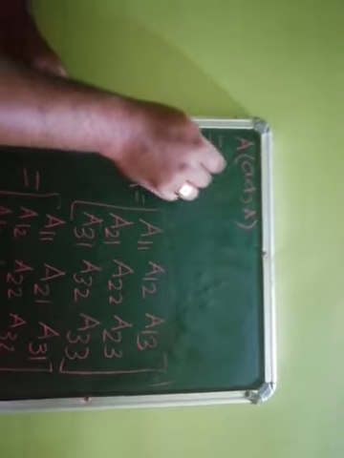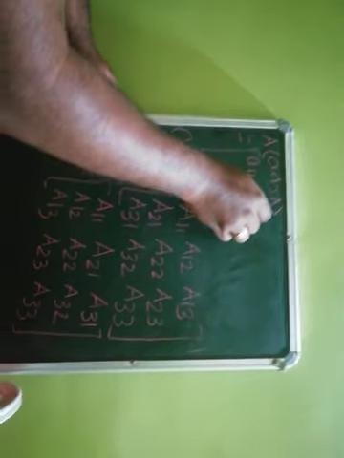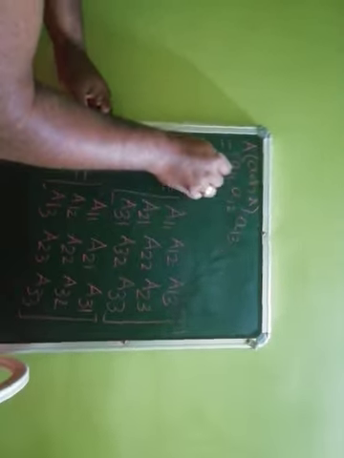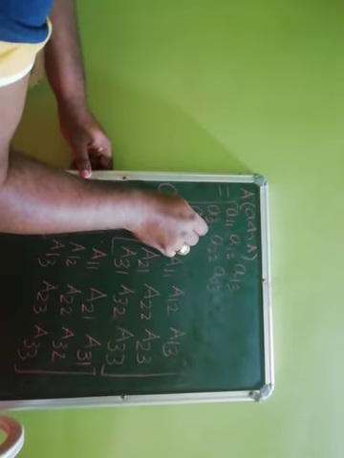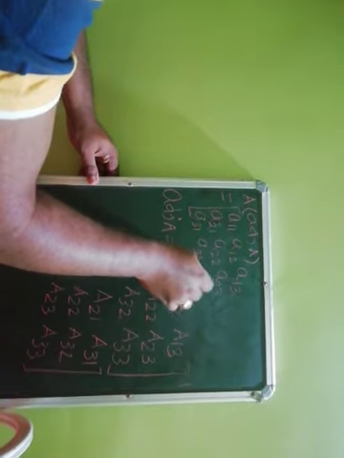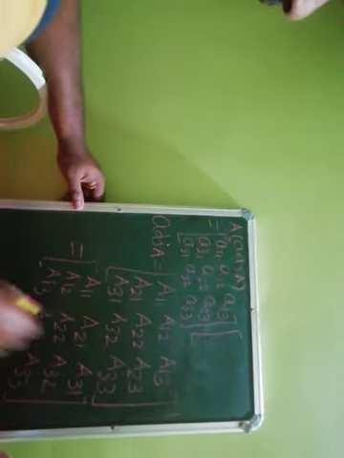So A was small a11, 12, 13, 21, 22, 23, 31, 32, 33. This multiplied by the adjoint of this one.